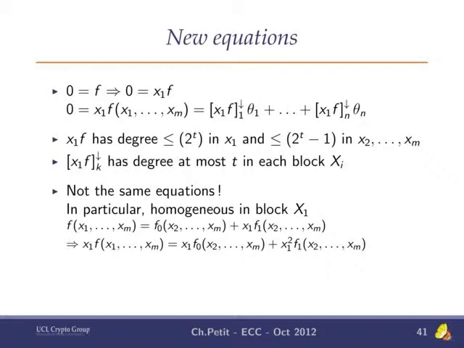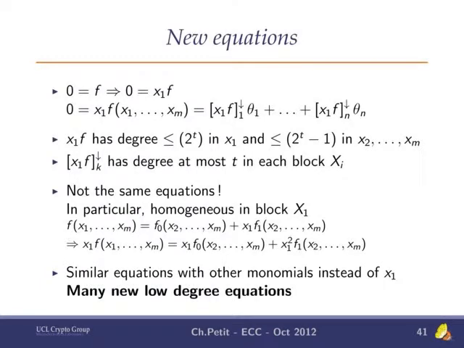So when you apply Weil descent to this, you get equations that are homogeneous in the block x1. So in particular, there could be a linear combination of the previous ones, or at least there could be the same ones. You can apply the same idea with x2, x3, or x1 times x2, or even larger monomials.